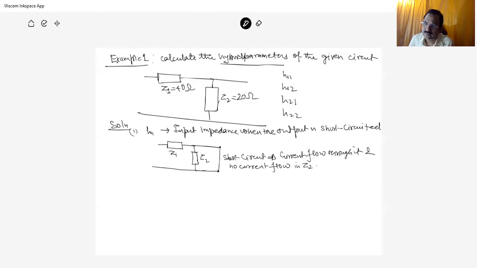Thus the input impedance is Z1, that is H11, this is 40 ohm, so this H11 is 40 ohm. This is the first point.